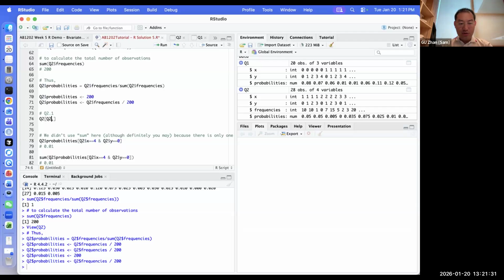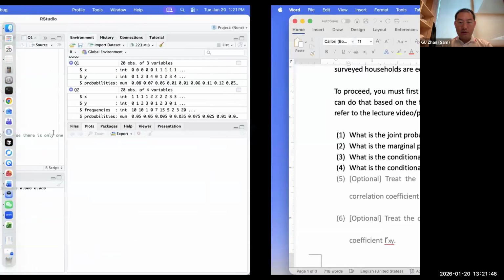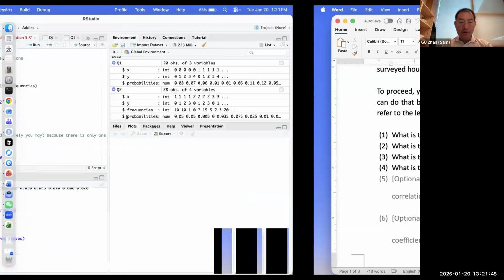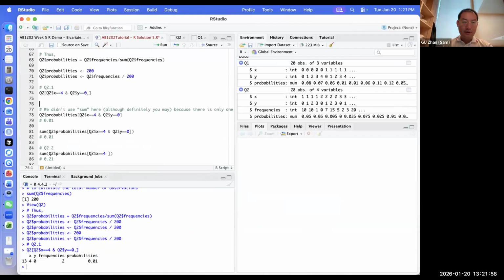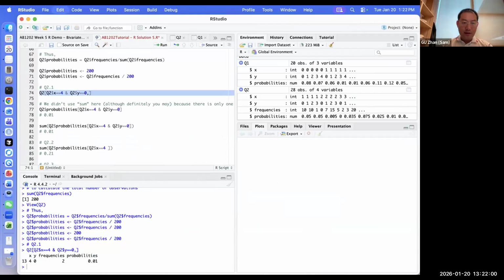So Q2 dollar x equal to 4, and at the same time, Q2 dollar y equal to 0. So this is Q2.1. Then let's display all of those. Only one: x equal to 4, y equal to 0, frequency 2, probability 0.01. So the answer is probably 0.01. Okay, easy.